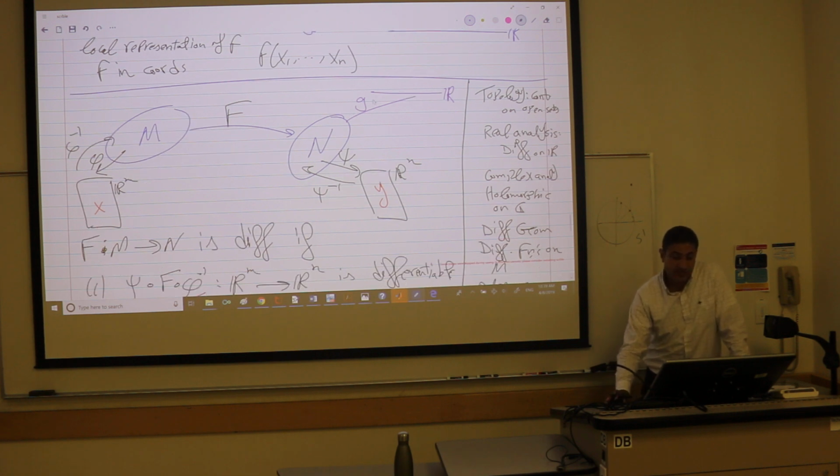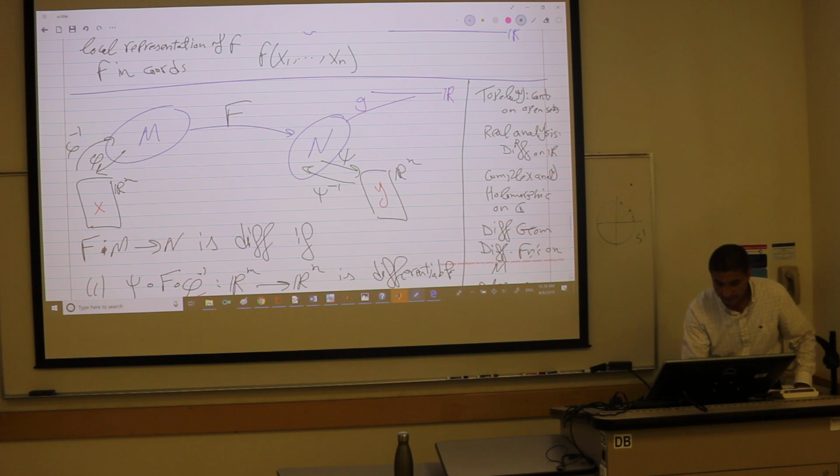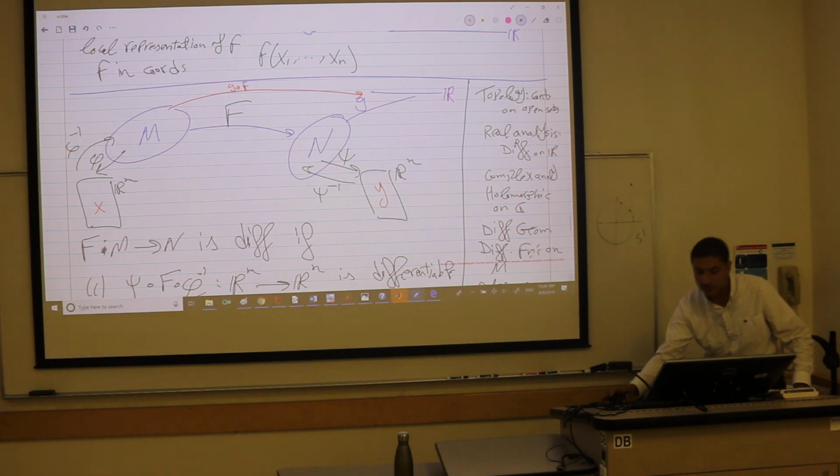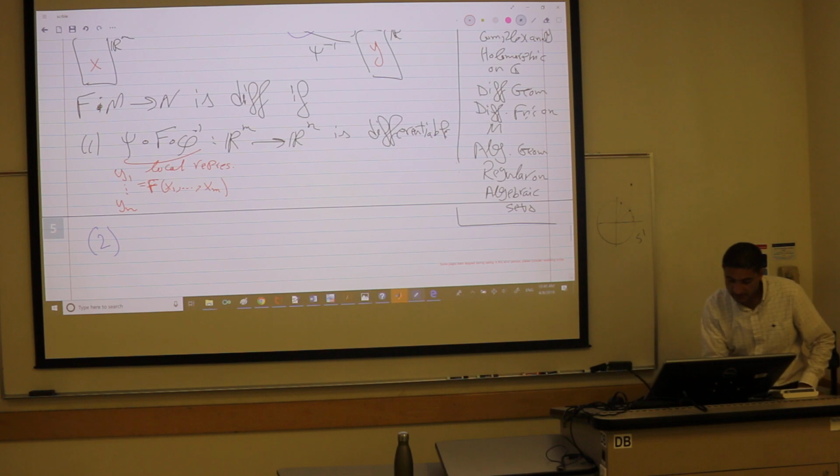Well, if I compose little g with this f, this will be a map from where to where? From M to R. Exactly, very good. So this is g composed with f. This is a function on M, right?